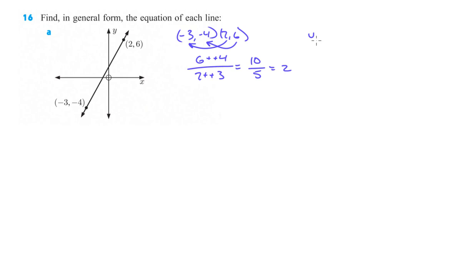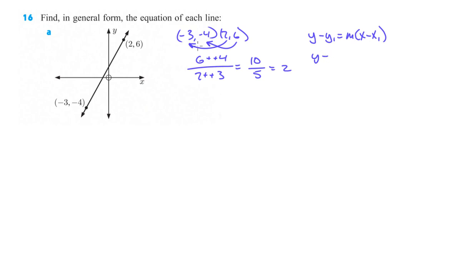So then we plug that into, let's see, general form. I'm still going to plug this into the point slope formula so that we can get it into y equals, and then we can just move everything over. I find that, at least for me, that's probably the easiest way to do it. So y minus y1 equals m times x minus x1.